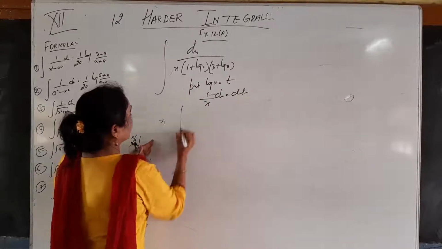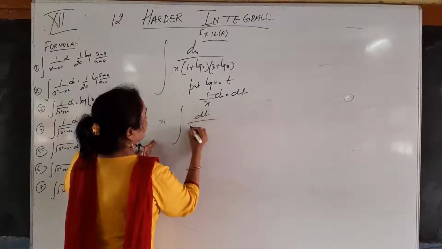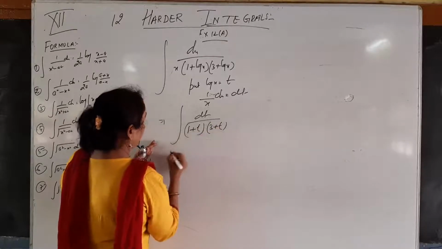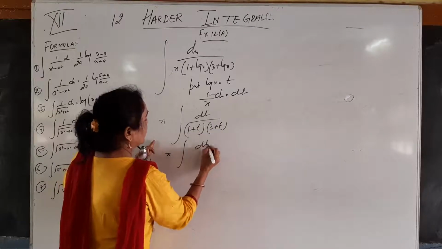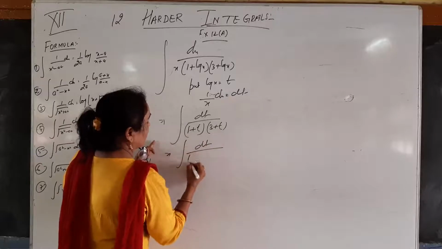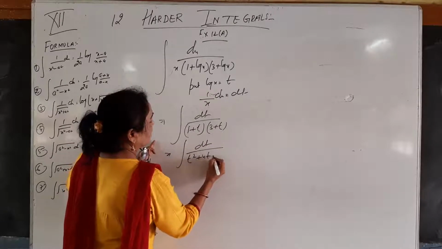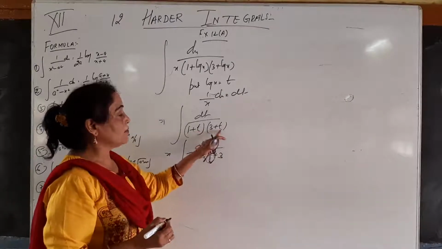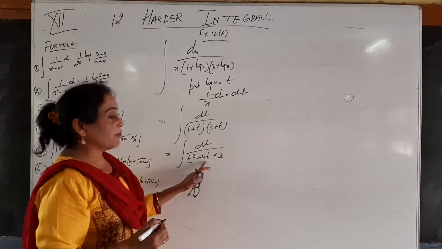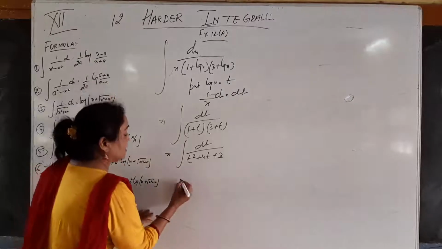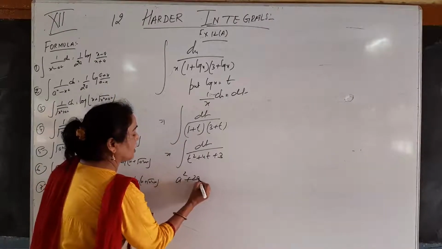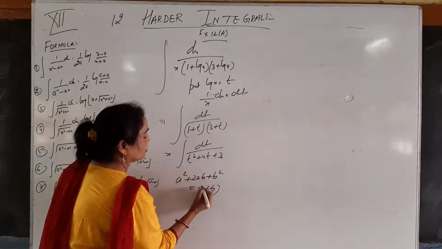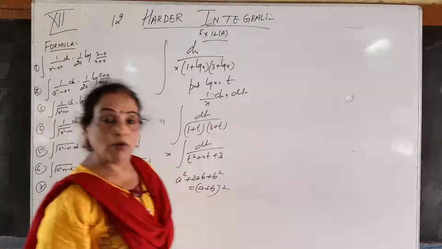So what we will get? dt upon (1 plus t) and here (3 plus t). Simplify. So it is dt upon, if you multiply, you will get t square plus 4t plus 3. See, if you multiply 1 by 3 plus t, 3t plus t square, arrange here t square plus 4t plus 3. Now see, it is of the form a square plus 2ab plus b square, which is equal to (a plus b) whole square.